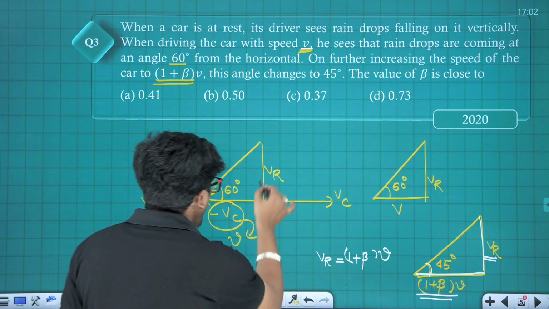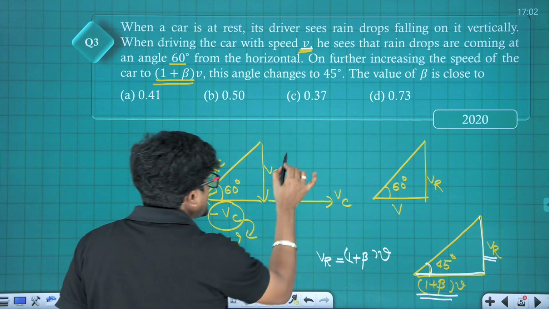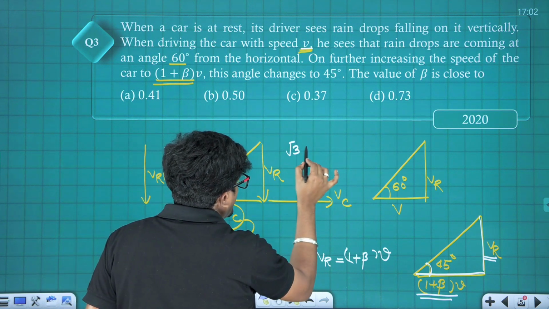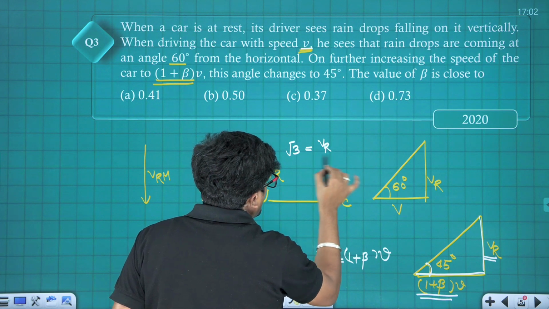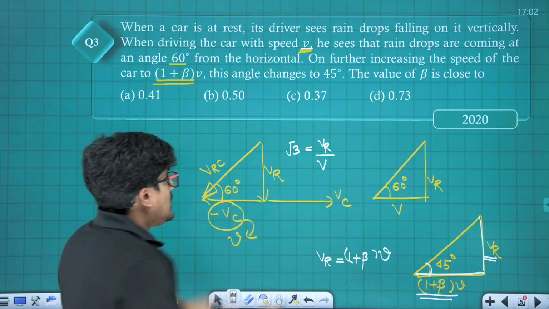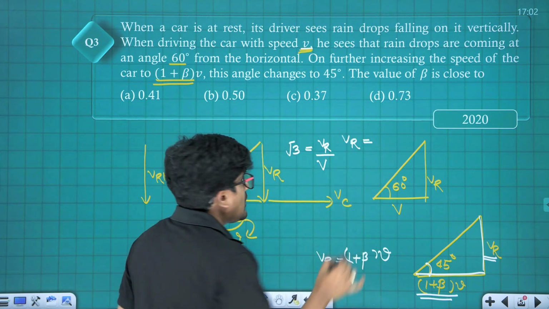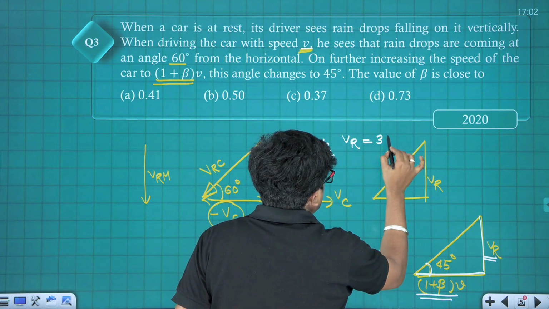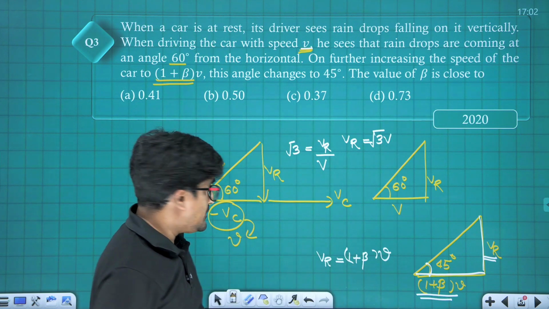Okay, now have a look here. From here, tan of 60 is root of 3. That needs to be equal to VR upon V. Now from here, I can say that VR is equal to root 3 times V. So I can put that value here.